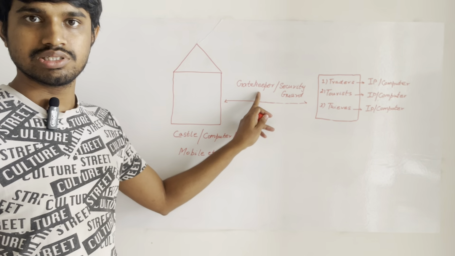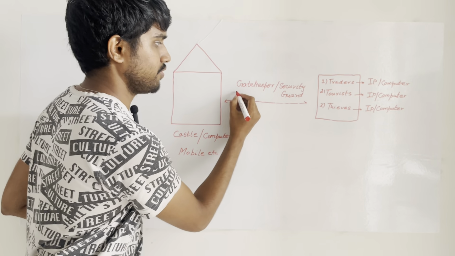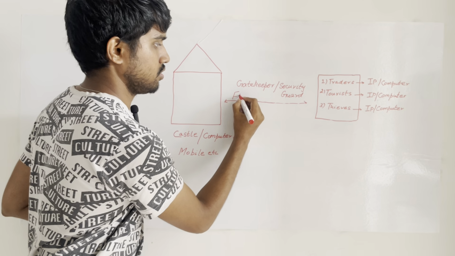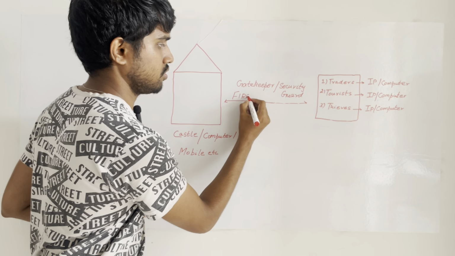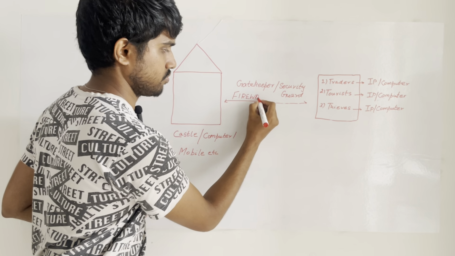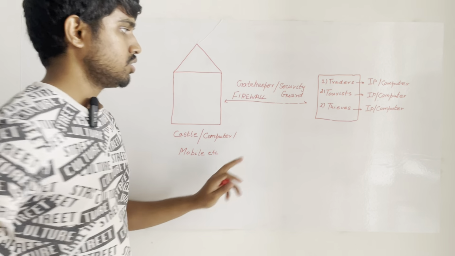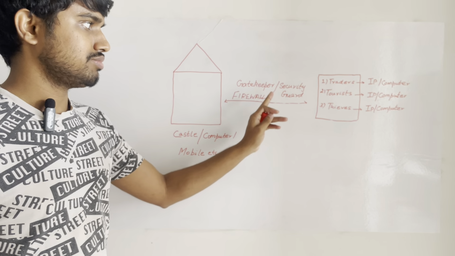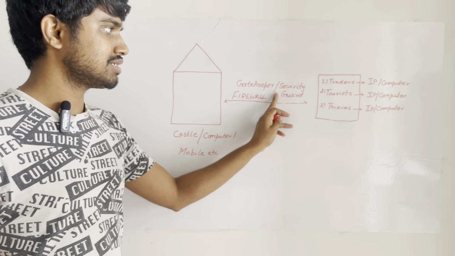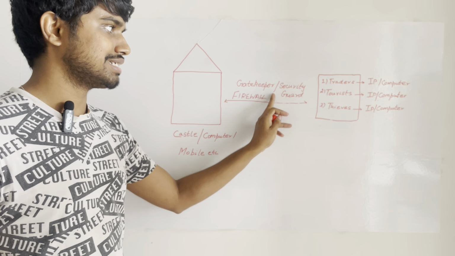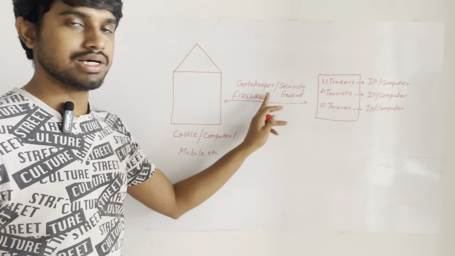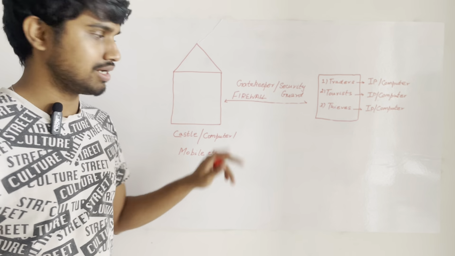Again, in computer terms, this is nothing but a firewall. So why is a firewall needed? It basically replicates the duties or the security provided by a gatekeeper for a castle, right?